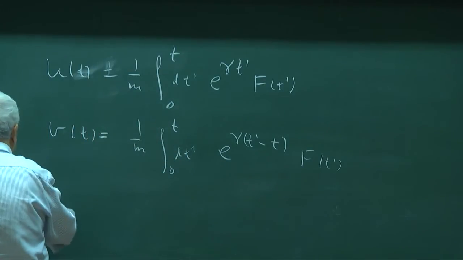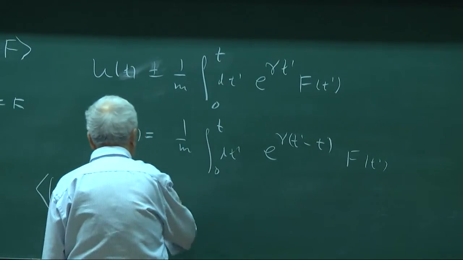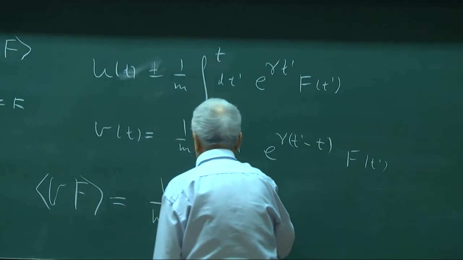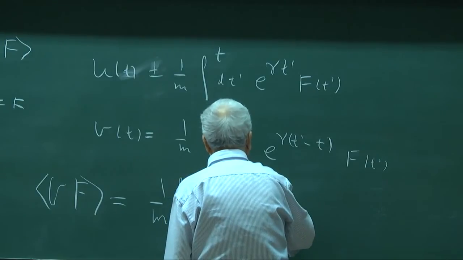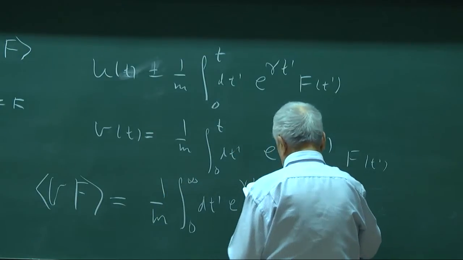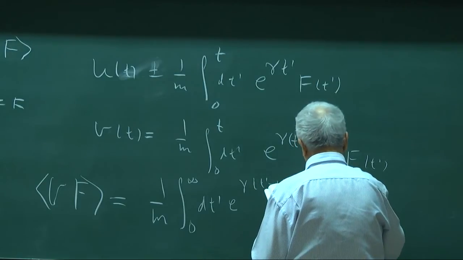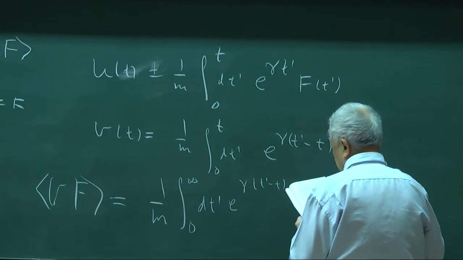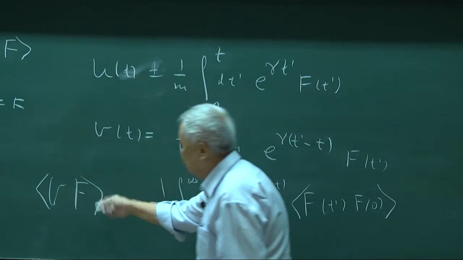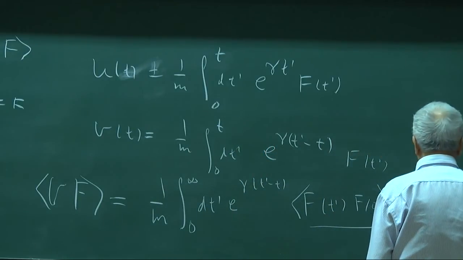Therefore, vf on the average is equal to, multiplying both sides by f, 1 over m integral from 0 to t dt' e to the gamma (t' minus t) times f of t', say f at 0. I multiply both sides by f at time t equal to 0. And this is equal to C0 times delta of t'.